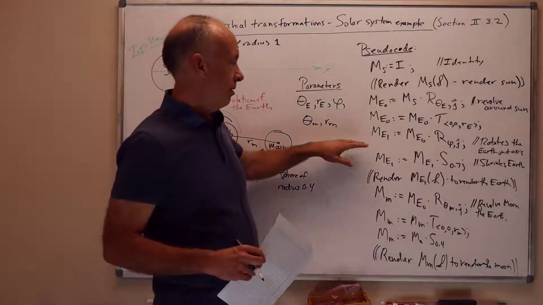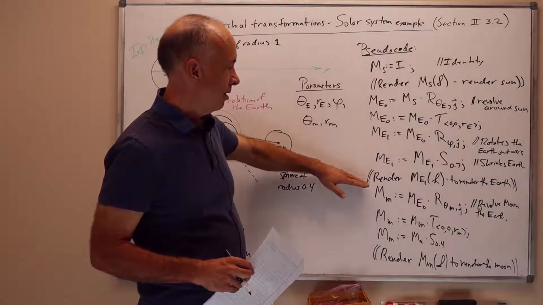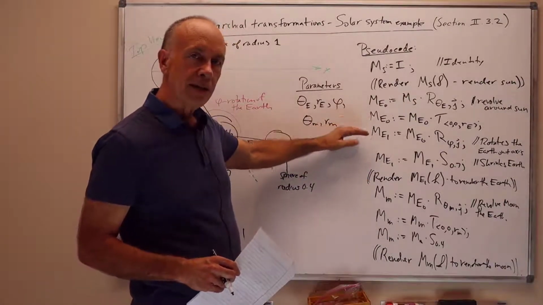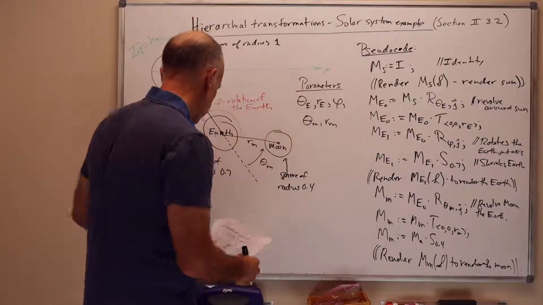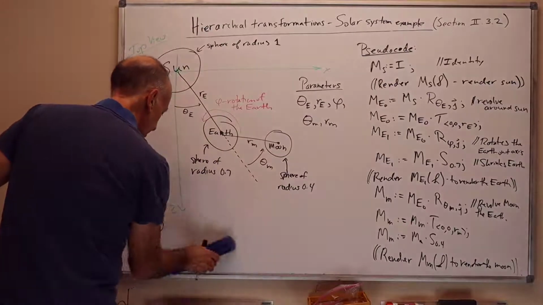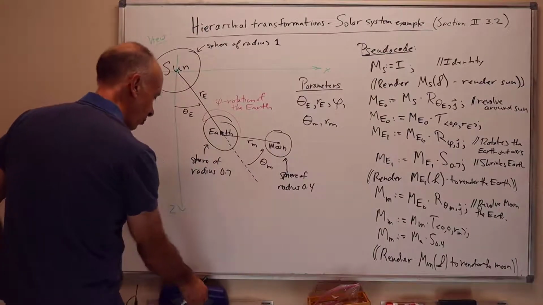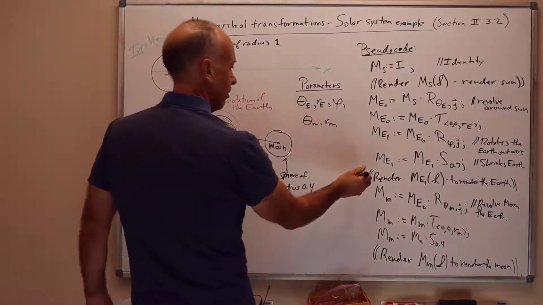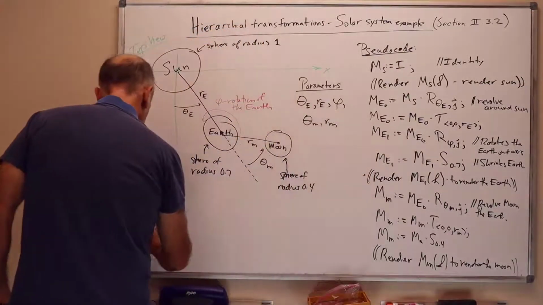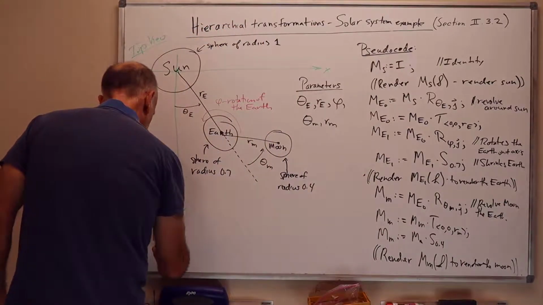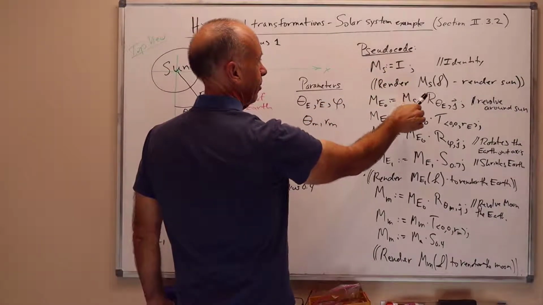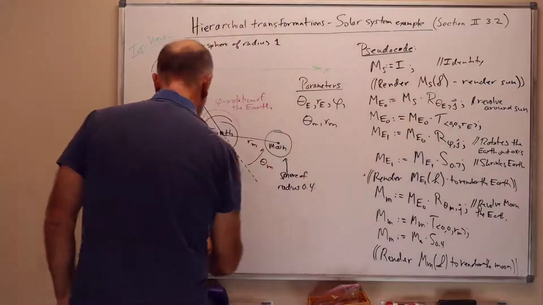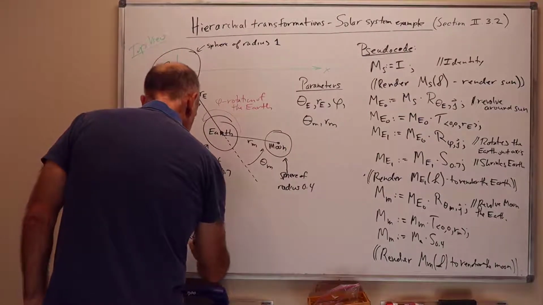So let's break this down some more and understand how this m sub e1 manages to place the moon at the correct position in the solar system. So let me start by just selectively erasing it. More will get erased in a moment. When we do the rendering right here, m sub e1 is equal to what? Well, we started with the identity matrix. We multiplied by r theta e j.